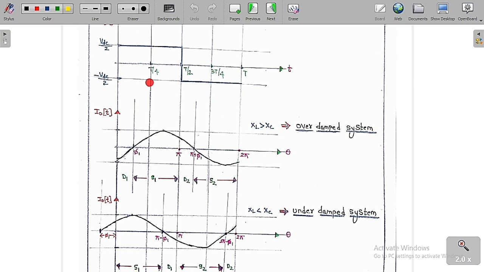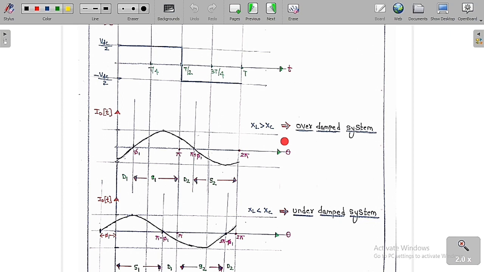As I have already told you, irrespective of the load, the output voltage is the same, but the current is going to change. So when XL is greater than XC, what is going to happen? The inductive reactance is more than the capacitive reactance, so the overall circuit is going to act like an inductive circuit.